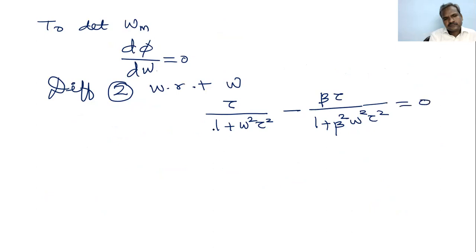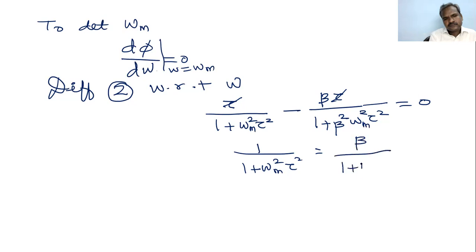On taking common, tau cancels. So if you bring it to that side, 1 by 1 plus omega m square tau square equals beta divided by 1 plus beta square omega m square tau square, replacing omega by omega m wherever omega is there.